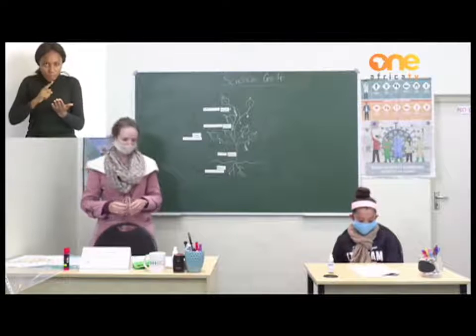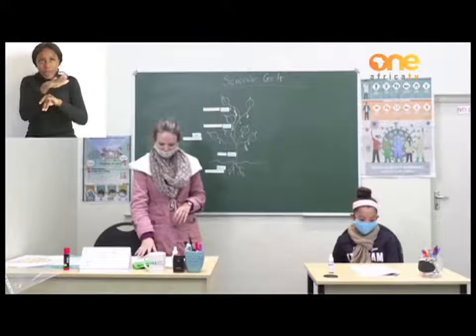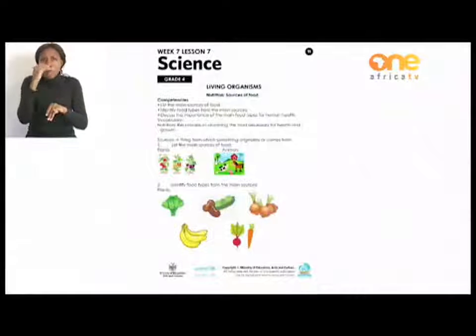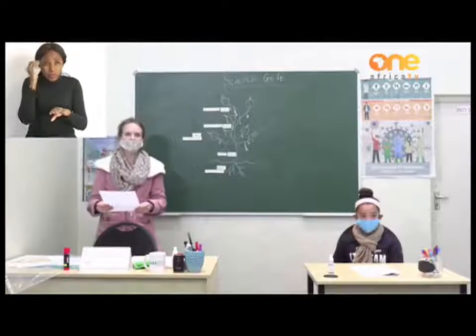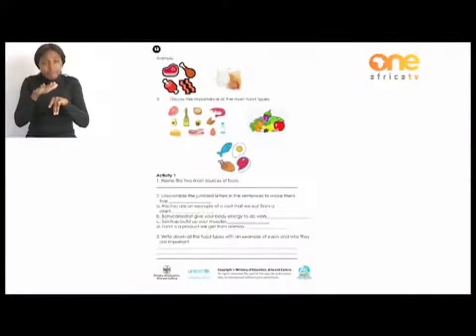Let's move to animals. Let's see what different types of food we can get from animals. So I think the most common example and something that you guys will think of immediately is meat. Okay, so meat is something that we get from animals. Think of those lamb chops or pork ribs or even chicken drumsticks.